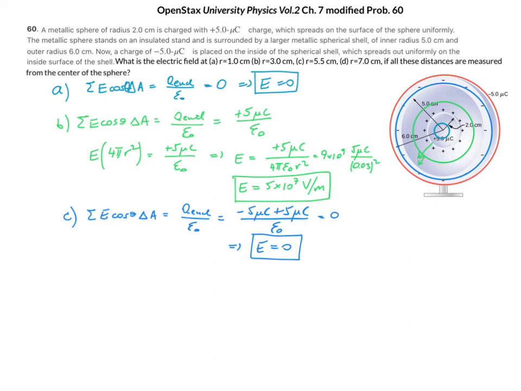So when we write the sum of the electric field cosine theta delta A is Q enclosed divided by epsilon naught. The charge enclosed by the Gaussian surface is all of the charge in the problem, so that is plus 5 microcoulombs minus 5 microcoulombs divided by epsilon naught, so that's 0, which means that the electric field outside of this configuration is 0.